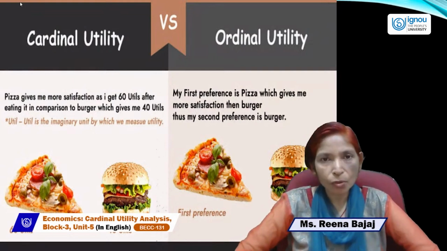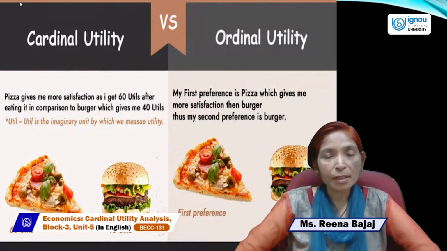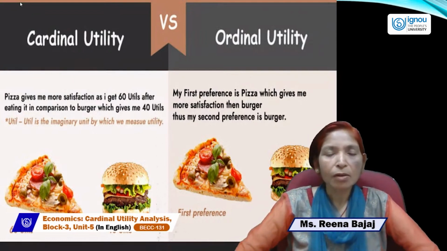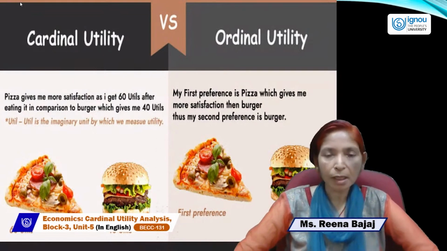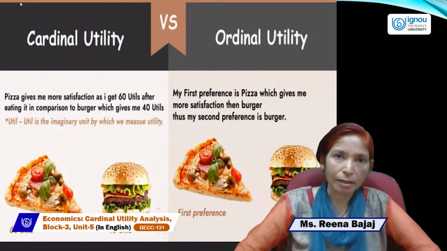Utility refers to the quantity of a commodity which gives us satisfaction, or utility means want satisfying power. In simple words, when we consume any commodity, then we get satisfaction.